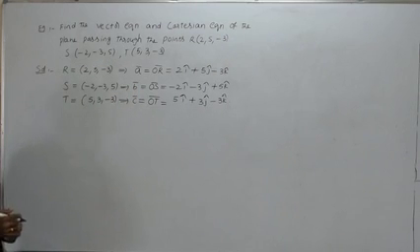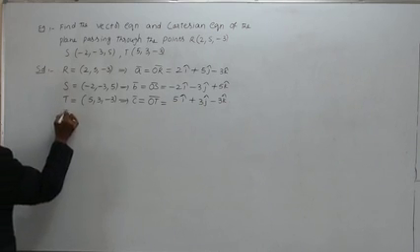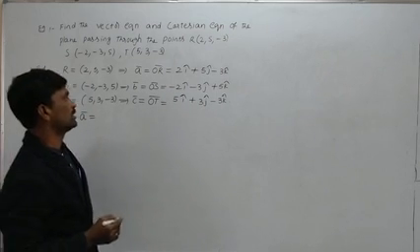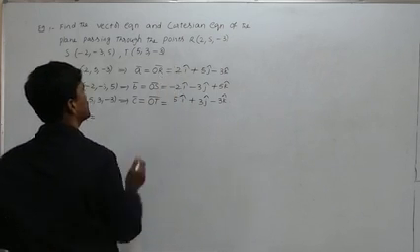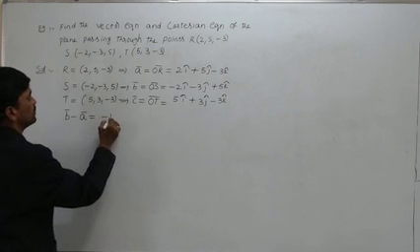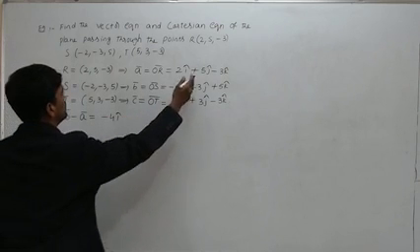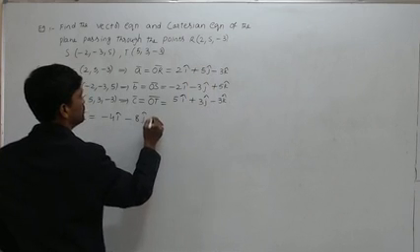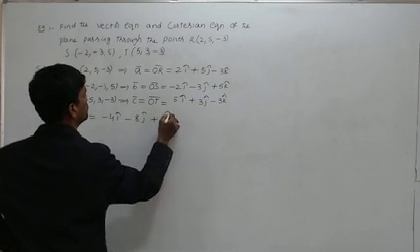So first we'll find the vector equation, and for that we have to find B minus A first, and then C minus A also. So first find the vector B bar minus A bar. This minus this: minus 2 minus 2 is minus 4i cap, minus 3 minus 5 is minus 8j cap, 5 minus of minus 3 is plus 8k cap.